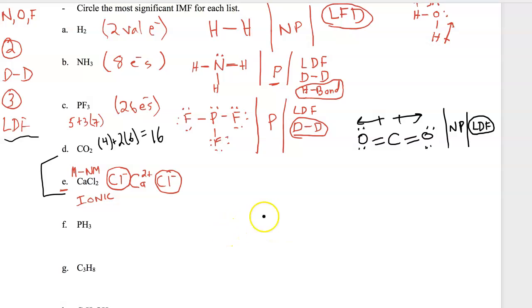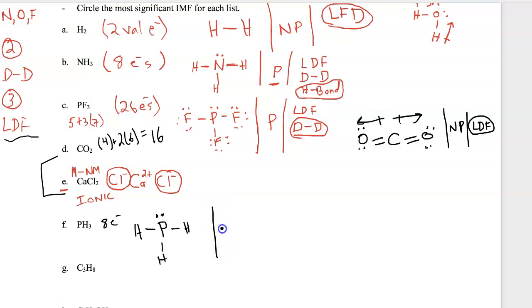For PH3, I'm going to count my electrons, and you end up getting 8 valence electrons. Hydrogen always goes on the outside, so I'm going to get phosphorus, single bond to each hydrogen, and a lone pair of electrons on top of the phosphorus. You might remember this as AX3E, makes trigonal pyramid.